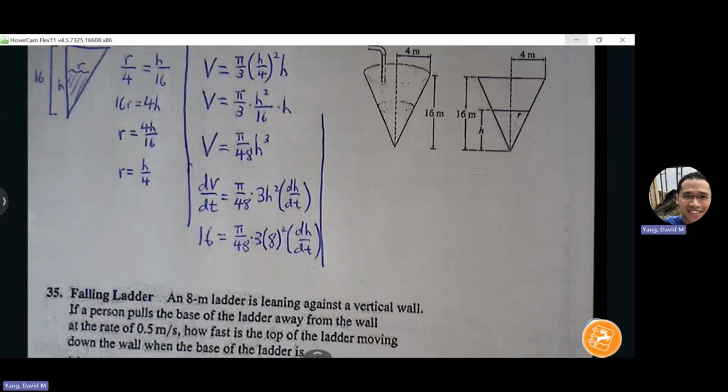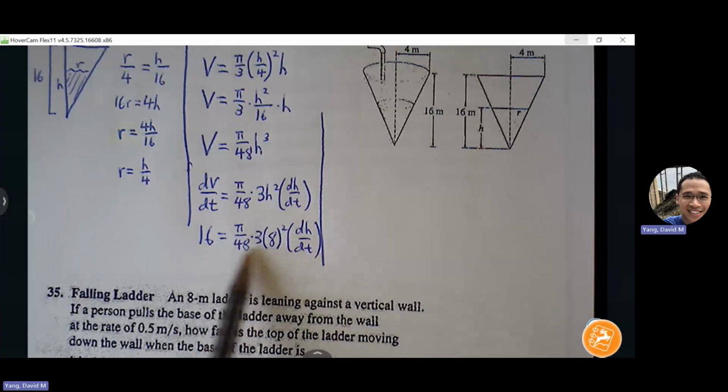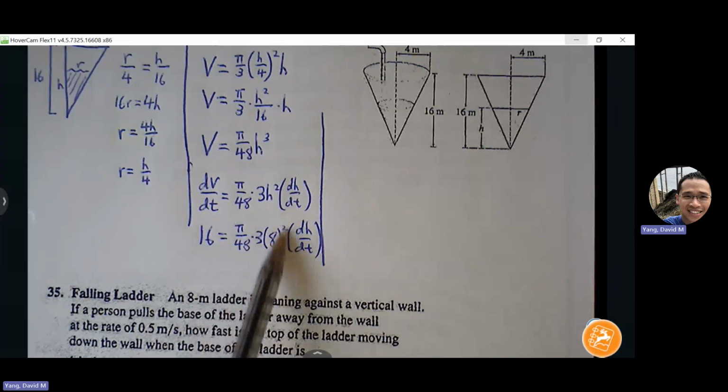Okay, so we've got to clean this up here. Ideally, I would like to merge this together as one fraction first, and then I can worry about how I can bring it to the other side. Okay, so 3 times 8 squared, that's 3 times 64.